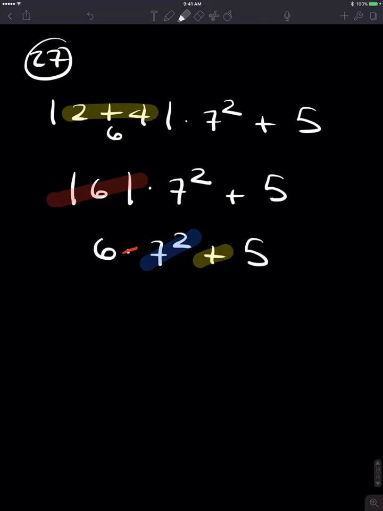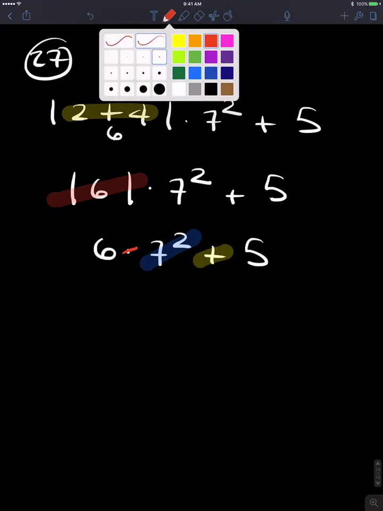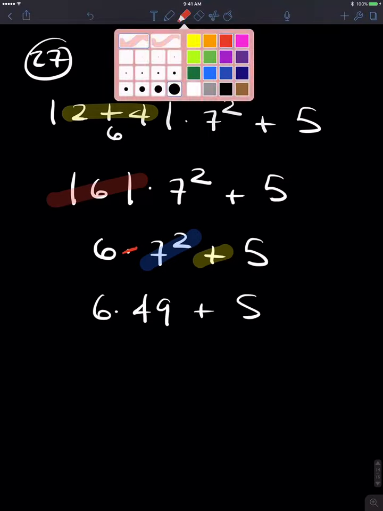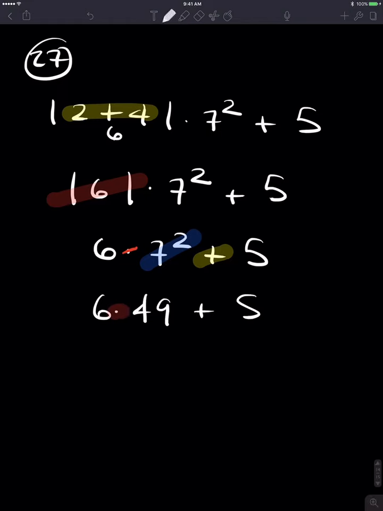The exponential outranks multiplication and addition. Seven squared is 49. I'm going to have to multiply before I add.